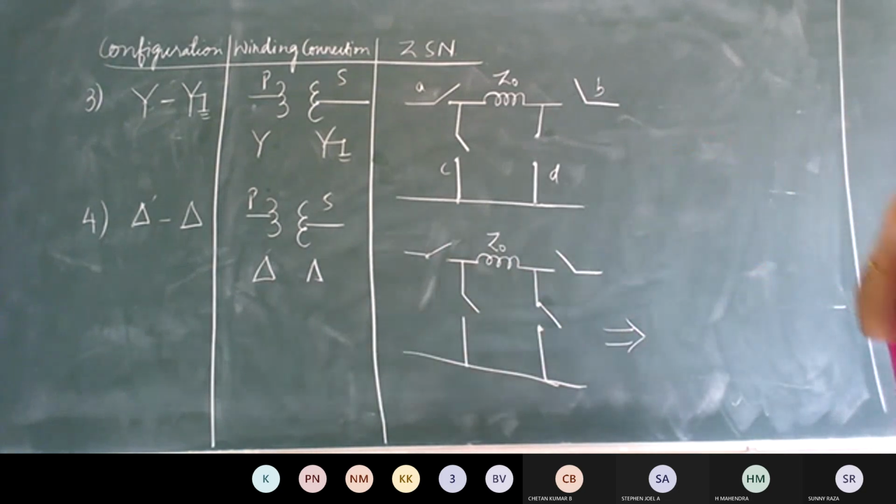How do you modify the general circuit into the given configuration to write the zero sequence network? What is the configuration given in the third? Star connected with a neutral isolated on the primary, and on the secondary, star with a neutral solidly grounded. Which switches have to be closed and kept open on the primary? Observe that. On the secondary, what is to be done?